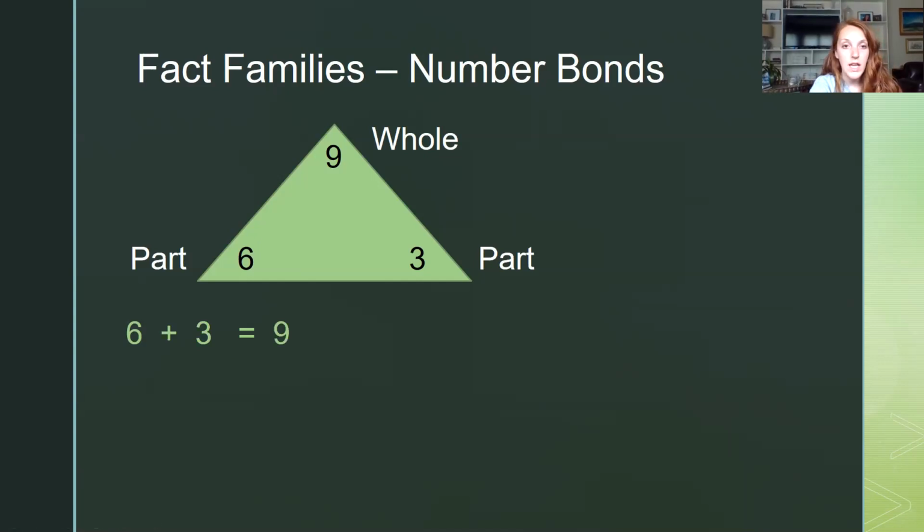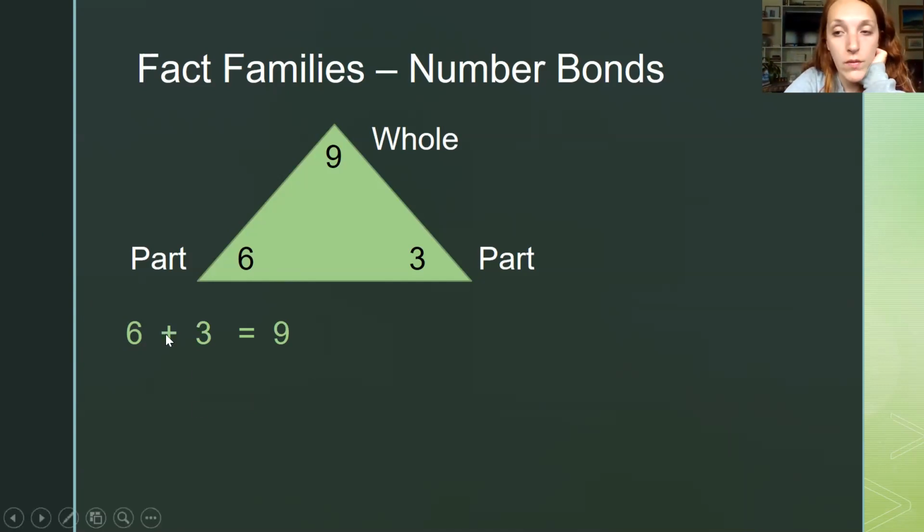Another really interesting thing that I know, I'm going to make 4 different equations. Here's my first equation, my first number sentence. Equation and number sentence are the same thing. So here's my first equation: 6 plus 3 equals 9. But what if I put the 3 first? I did 3 plus 6. When I put 3 and 6 together, it's still going to equal 9.